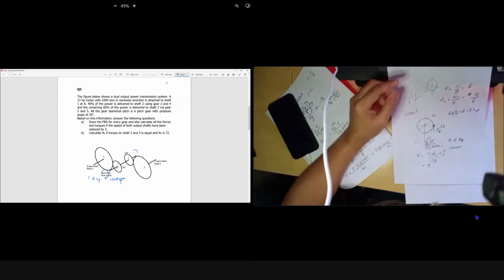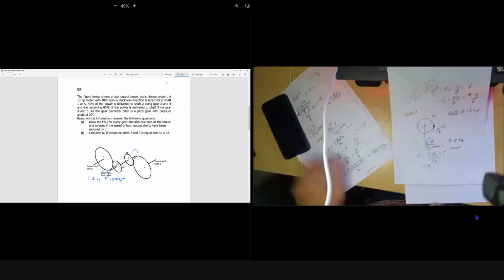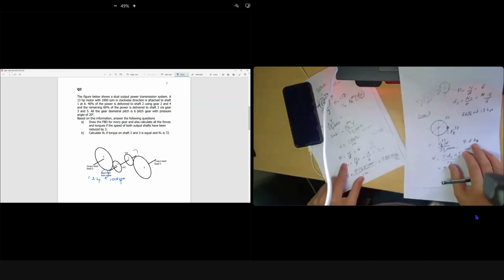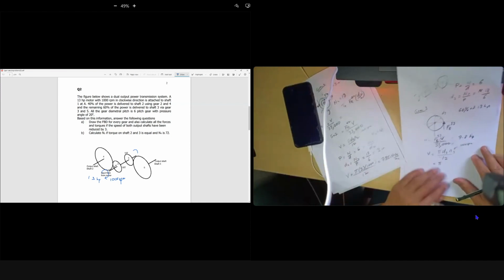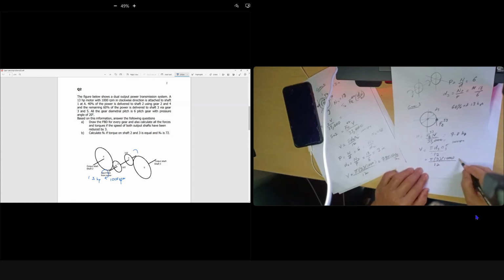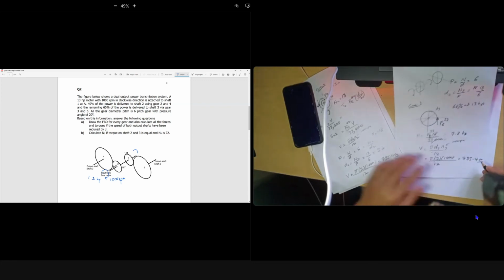It's actually the same as your diameter 2 just now. I don't need to calculate diameter 3 because it's the same number: diameter of gear 3 is the same as gear 2, 3 inch. So it's 3 inch times 1000 over 12. V is 785, the same. Because V of gear 3 and gear 2 is the same, you don't have to calculate feet per minute.